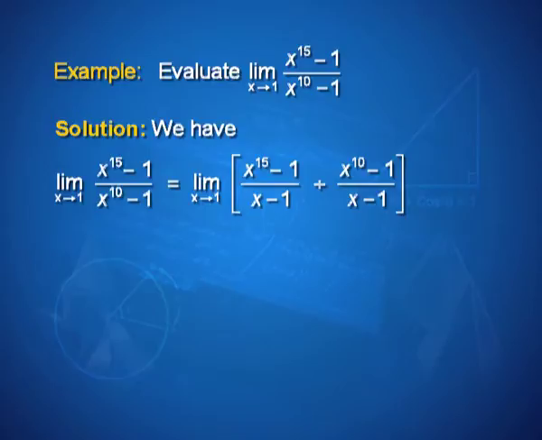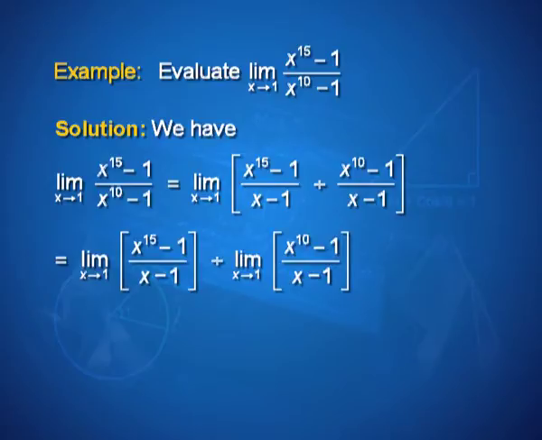This can be written as limit x to the power 15 minus 1 upon x minus 1 divided by x to the power 10 minus 1 upon x minus 1. That can be separated as limit x to the power 15 minus 1 upon x minus 1 divided by limit x tends to 1 x to the power 10 minus 1 upon x minus 1.